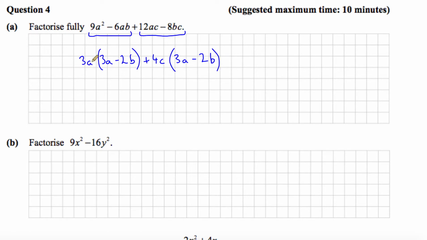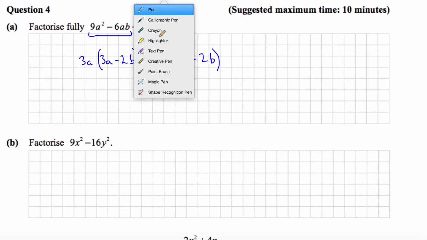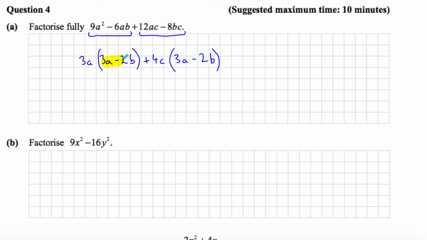So now I've got 3a multiplied by this thing in brackets plus 4c multiplied by the same thing in brackets. So that's what you're hoping will happen. The 2 expressions in brackets are the same, so that's what you want.